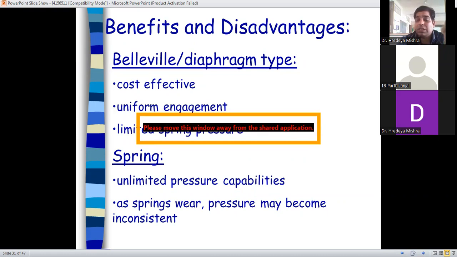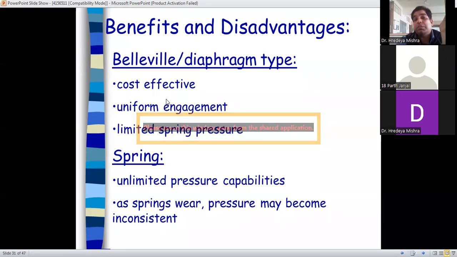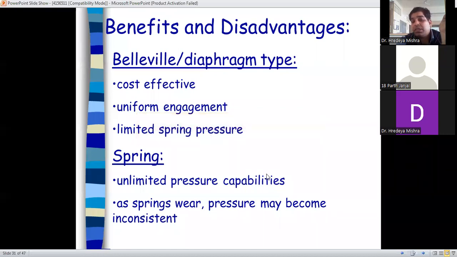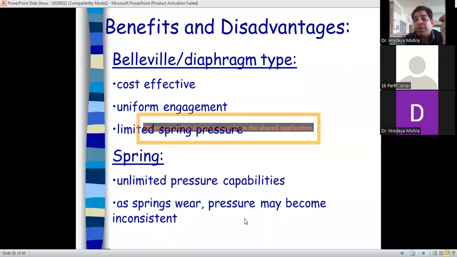Okay, what about now in the spring type? Unlimited pressure capability is there. Okay, so in the diaphragm there is some limitation, like the limited spring pressure, and here unlimited capability is available. As the spring bears, pressure may become inconsistent.